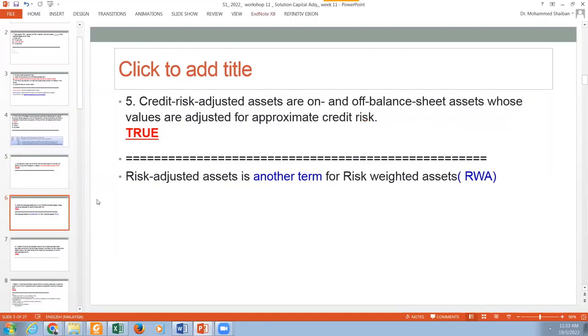Let's go to the next question. Credit risk adjusted assets are on and off balance sheet assets whose values are adjusted for approximate credit risk. This is true.